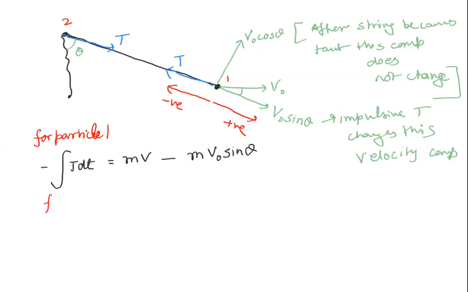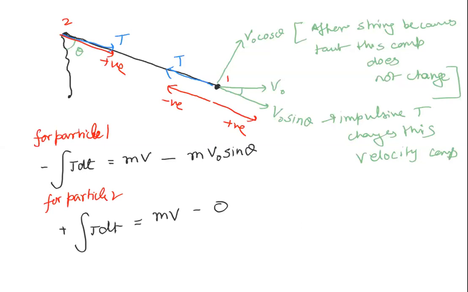And for particle 2, I will take this as positive because दूसरे direction में तो कुछ होने ही नहीं वाला है. I will get then plus integral T dt is equal to final momentum minus initial momentum. Now I have taken the final velocity of both to be the same, because they are connected by a string.